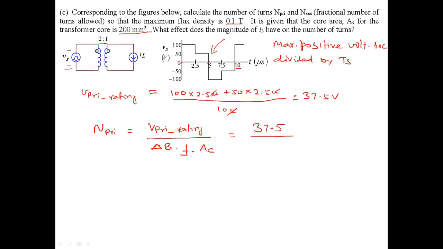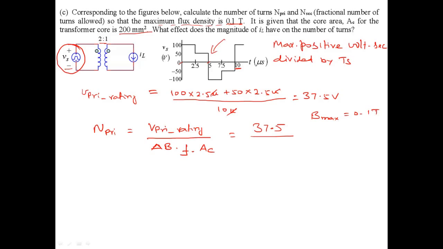What is delta B? Given that maximum flux density is 0.1 Tesla, B max is 0.1 Tesla. Since this is a voltage source exciting the primary, it can without restriction support bidirectional current, meaning the magnetizing current here is bidirectional, similar to what you see in a full bridge converter, for example.